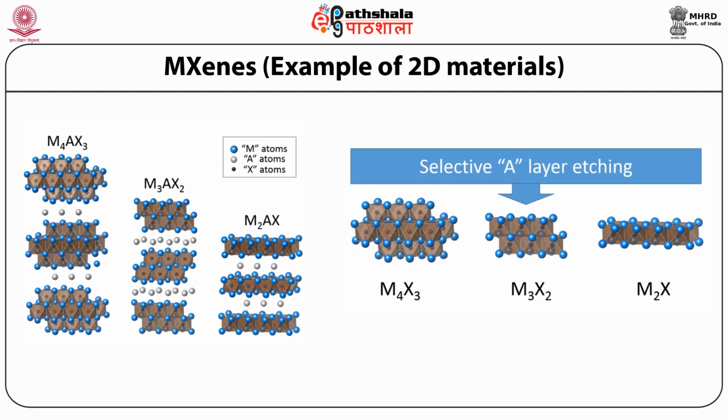For example, etching of Ti3AlC2 in aqueous HF at room temperature causes the aluminum atoms to be selectively removed, and the surfaces of the carbide layers become terminated by oxygen, OH, and/or fluorine atoms.